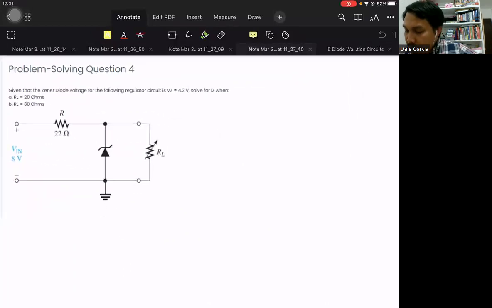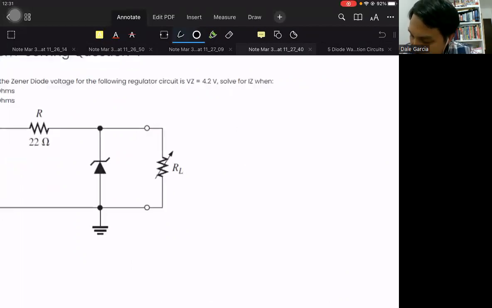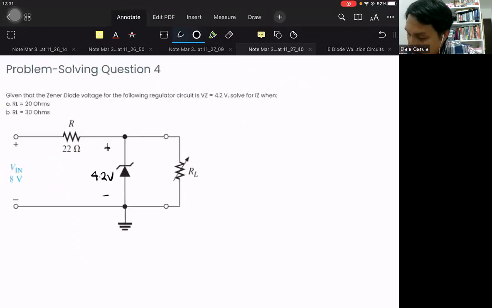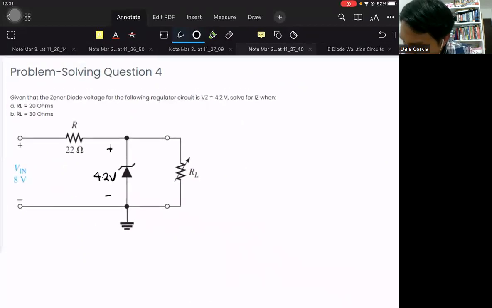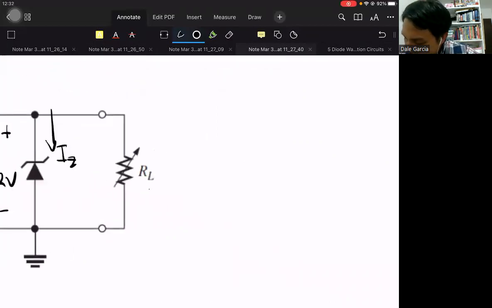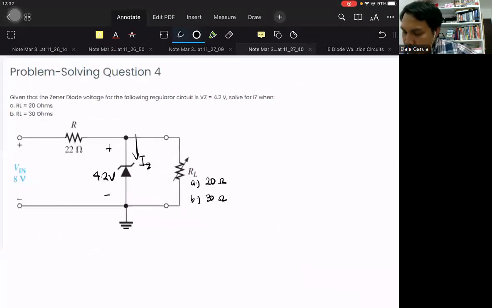Given that the Zener diode voltage for the following regulator circuit is 4.2 volts, solve for IZ, current across the Zener diode, when RL is 20 ohms and RL is 30 ohms. So RL is 20 ohms and 30 ohms.